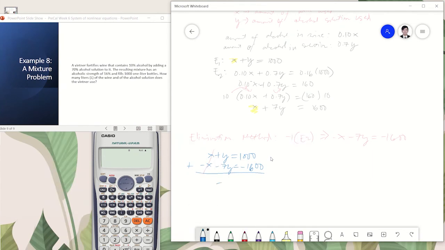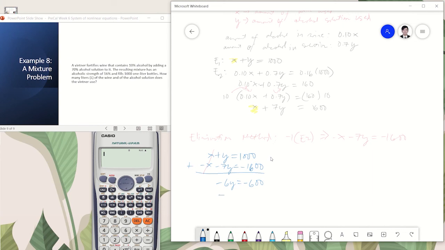This is negative 6y is equal to negative 600, because the absolute value of 1,600 is greater than the 1,000 and the sign of negative 1,600 is a negative. So the result must be a negative 600.